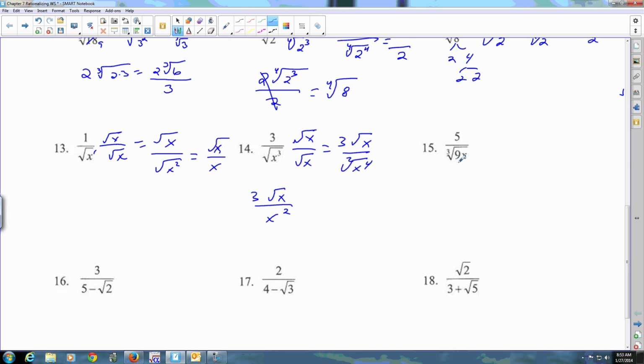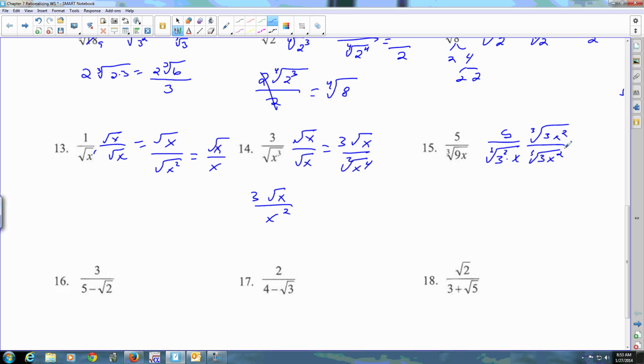Okay. Prime factor stuff, that's 3 squared, 5 over the cube root 3 squared times x. So what I need, cube root, is I need 1 more 3, but I need 2 more x's.